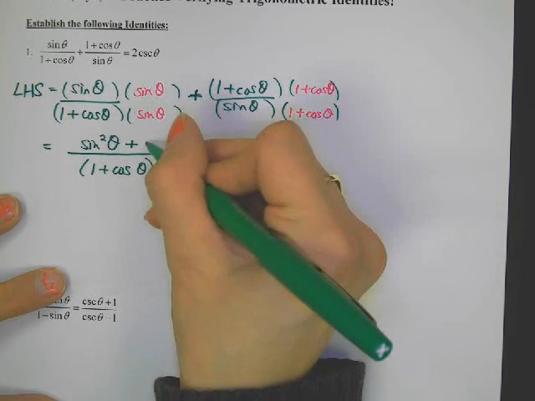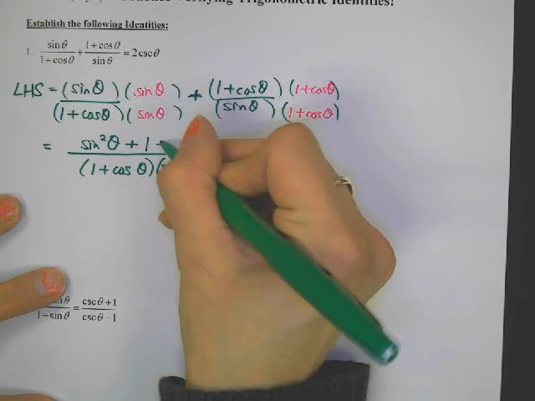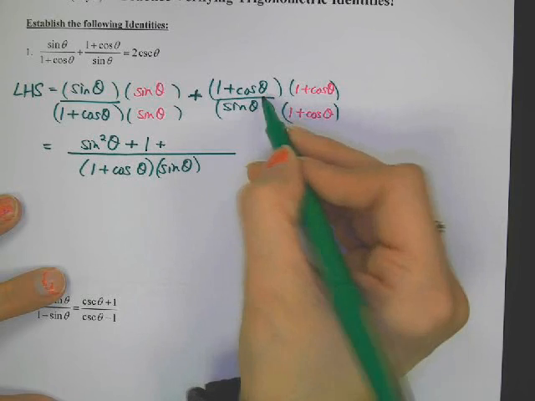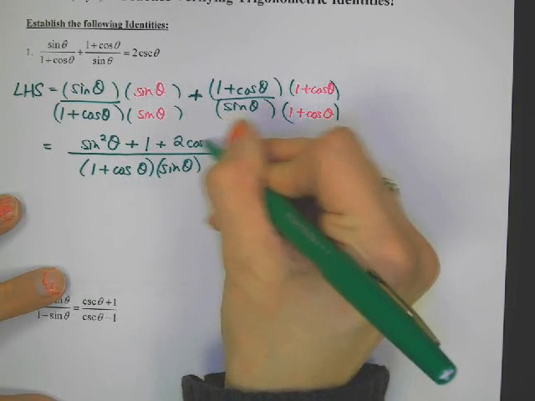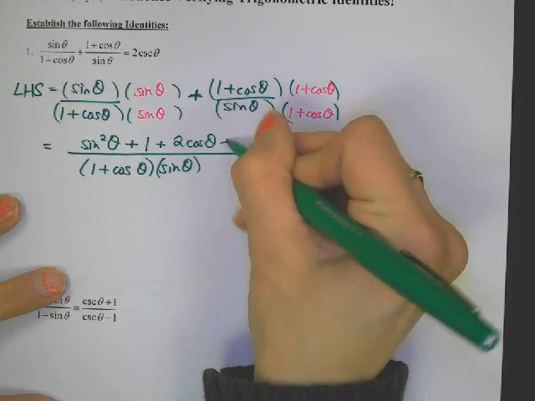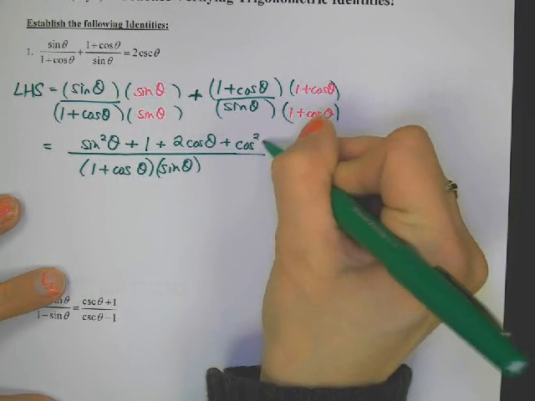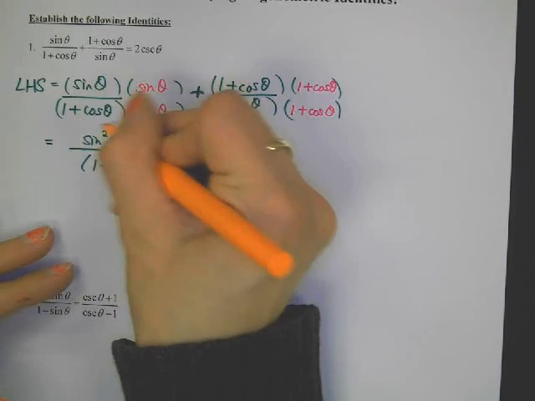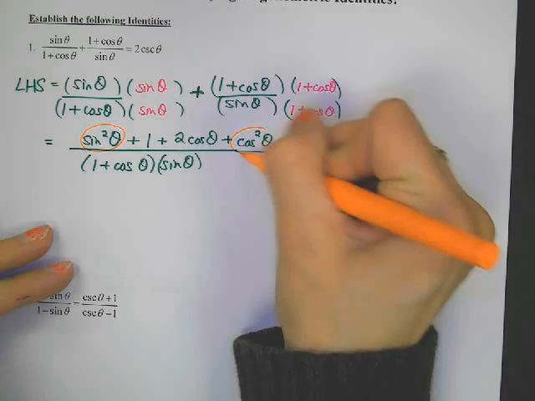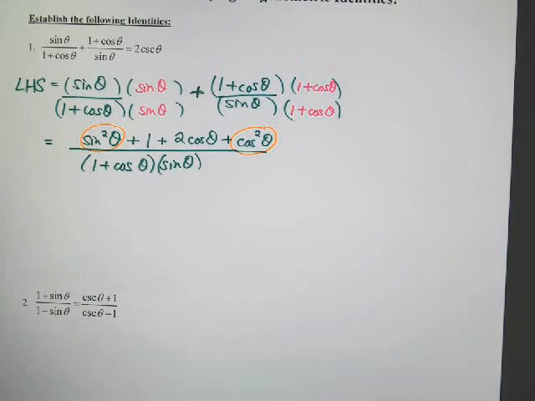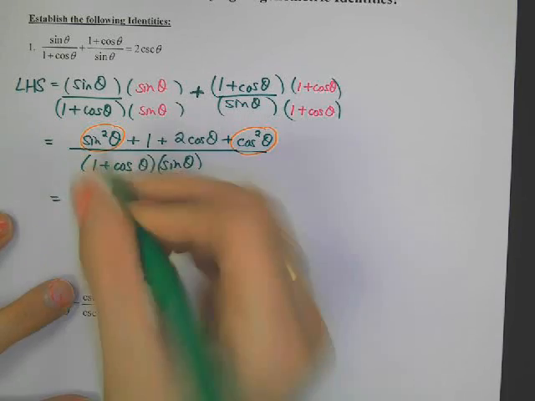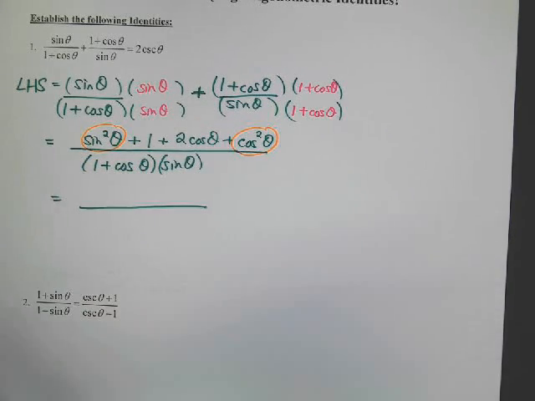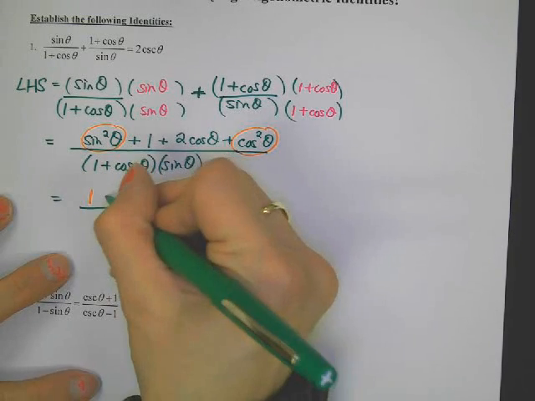So when we multiply this out, it's 1 plus outers and inners, that's 2 cosine of theta plus cosine squared of theta. Now, what I was telling you about were these sine squareds and these cosine squareds. So let's take both of those terms out and instead replace them with, I'll use an orange pen, a 1. Both of those orange terms there are a 1.